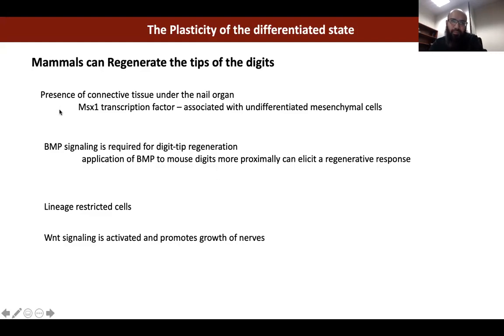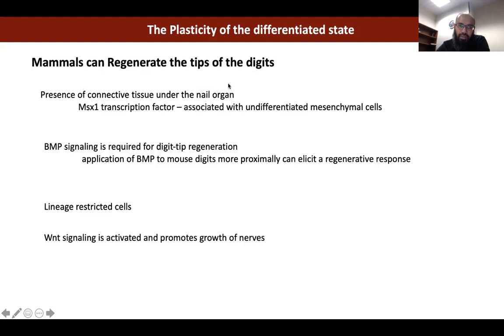So let's consider this example, how mammals can regenerate the tips of their digits. There is a connective tissue under the nail organ. It's very important for the regeneration of the tips of the digits to have a nail organ. If you don't have a nail organ, then they will not grow.